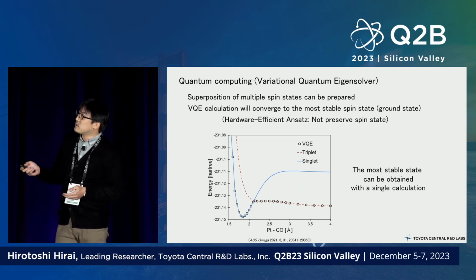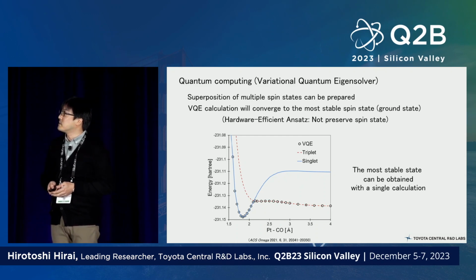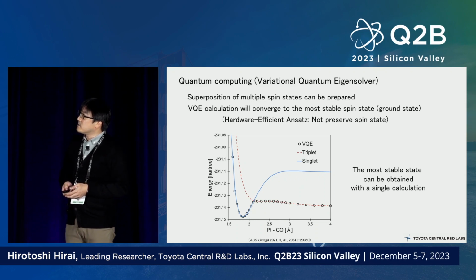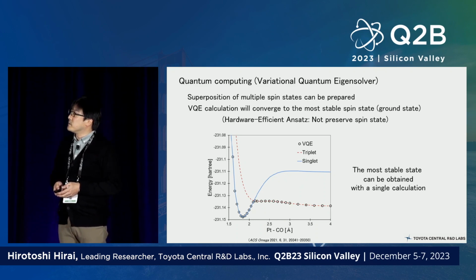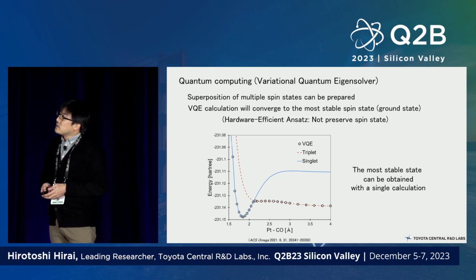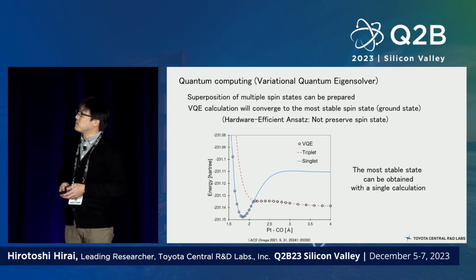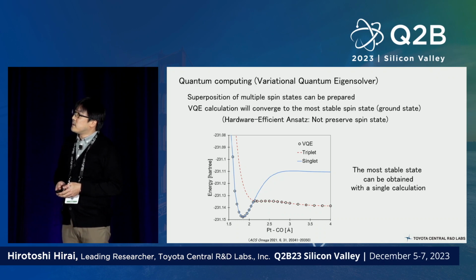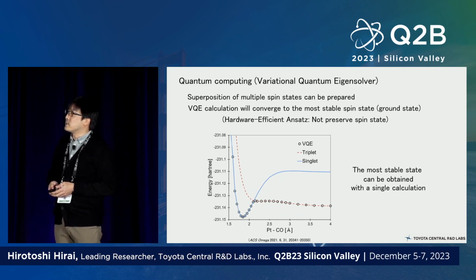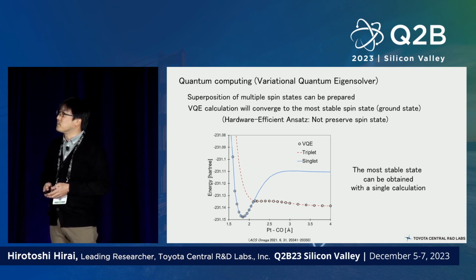This graph shows the potential energy surface of the platinum CO system, and energy depends on the platinum CO distance. And this solid line and dashed line show the energy for the spin singlet state and triplet state. And these lines were computed with classical algorithms on classical computers.